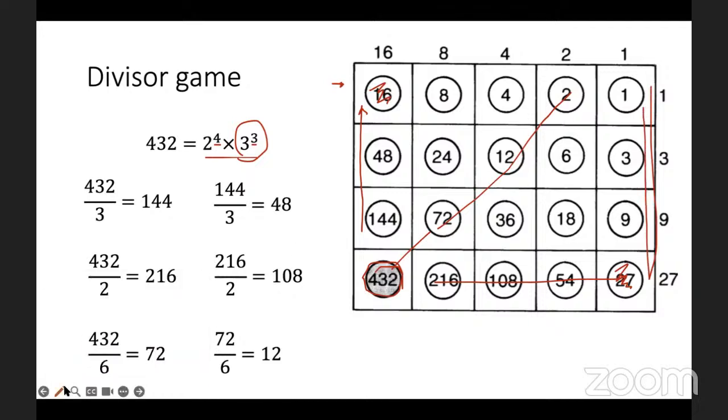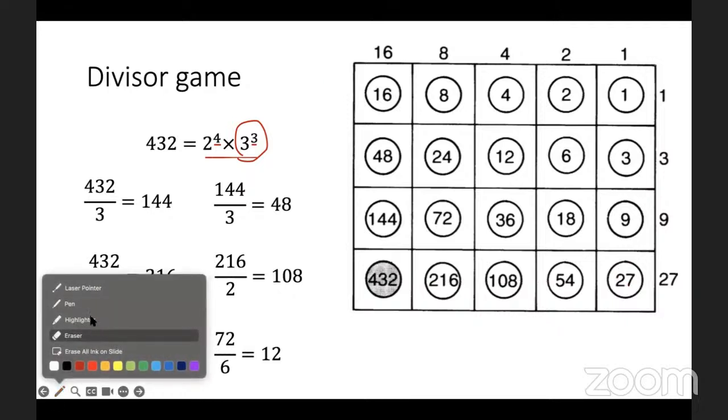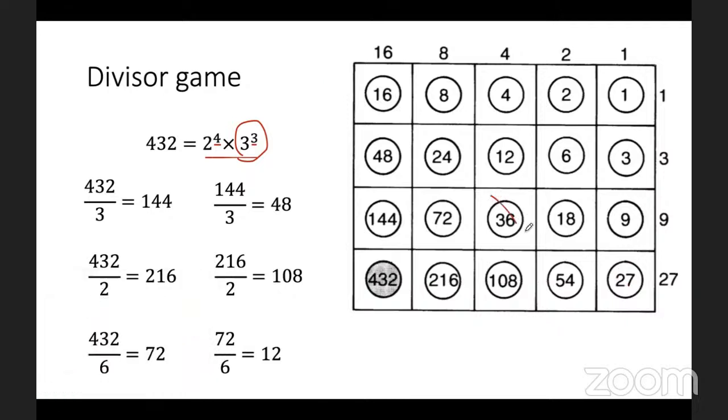And this is exactly playing chomp. So the way you're going to play this game is to play on any square of the board, taking that number and all its factors. So 36 and all of its factors goes away. Keep playing until someone is forced to take the number.